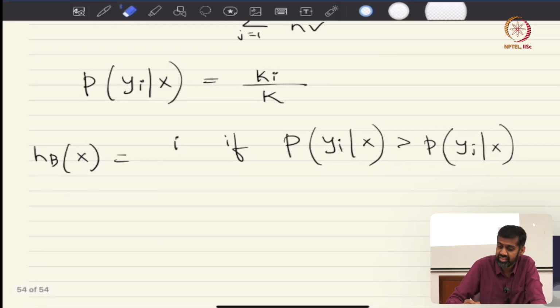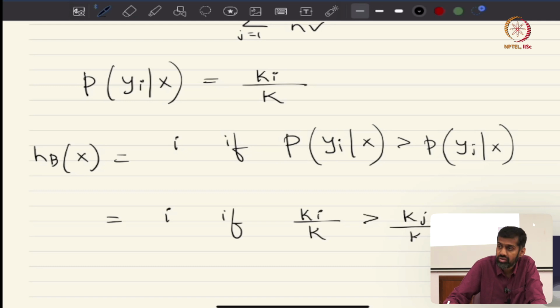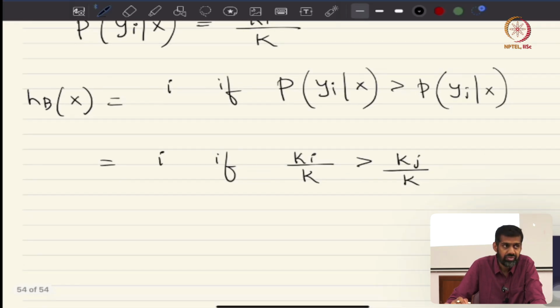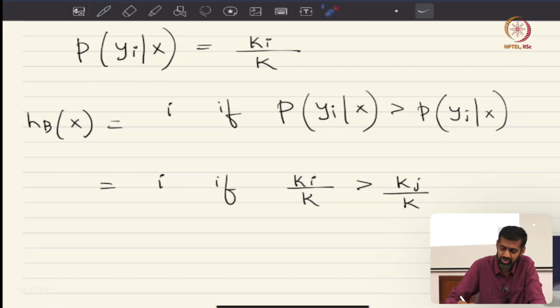It decides on the ith class if the posterior of the ith class is the highest amongst all posteriors. So take i if... correct. Is this correct? All of you with me? Why are you perplexed? We just got the estimate for yi given x, so just writing it that way.